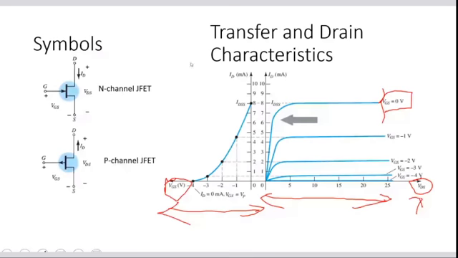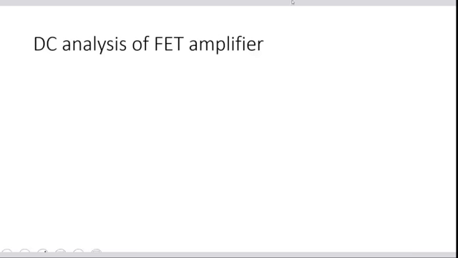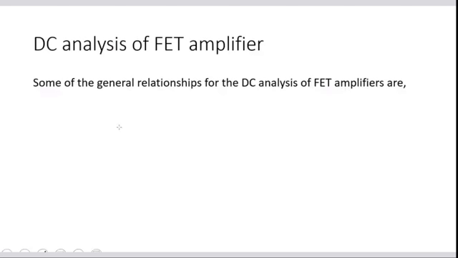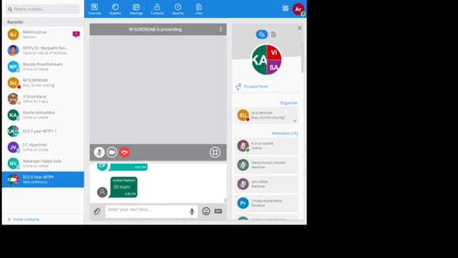For the DC analysis of a FET amplifier, some of the things we have to consider are, first, the gate current is equal to 0. This is due to the high input impedance. When we have a high input impedance, considering the input impedance as infinity, the voltage drop will be there, but the current passing through that open terminal is 0.